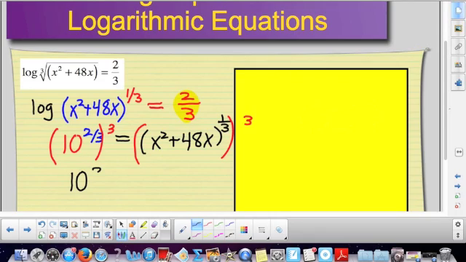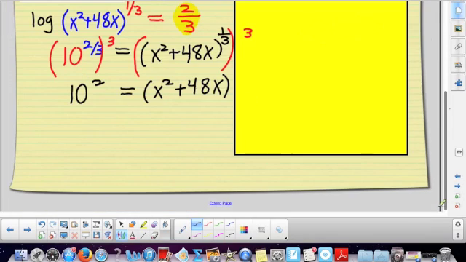So I have 10 squared now is equal to x squared plus 48x. What is 10 squared equal to? 100. So I'm going to bring everything over to one side. So I have 0 is equal to x squared plus 48x minus 100.